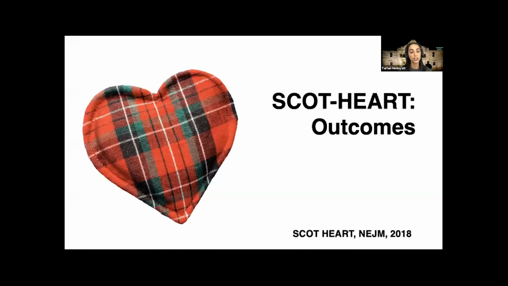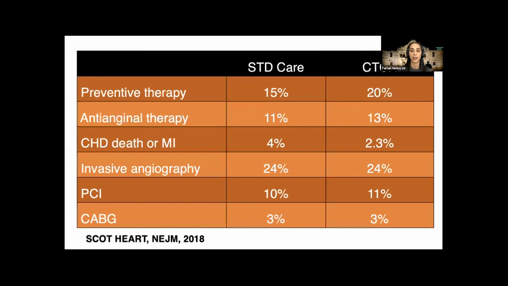Now, remember, the physicians caring for the patients in that CTCA arm were asked to use the results appropriately in the management of their patients. So they should use that anatomy that they're now aware of in terms of guiding their management for their patients. And then in the standard care group, the physicians were using an alternate assessment scoring system to drive the management of those patients. So what did we find here?